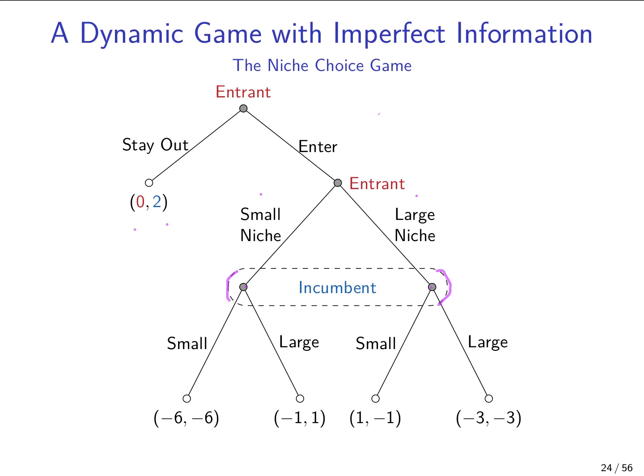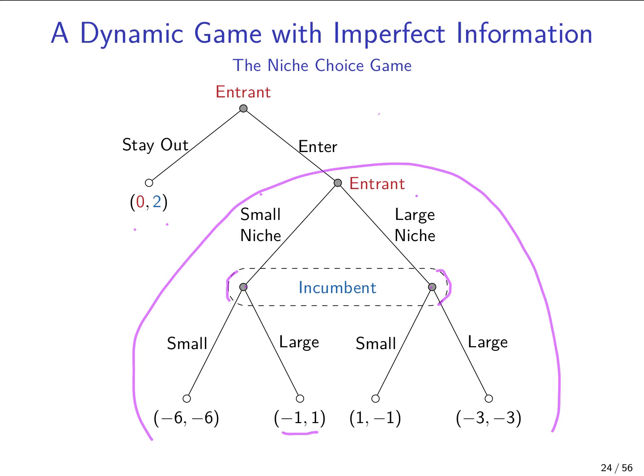Essentially, when we look at this subgame, it's kind of like a simultaneous move game. So we could first look at what happens in this subgame. They play this Nash equilibrium.